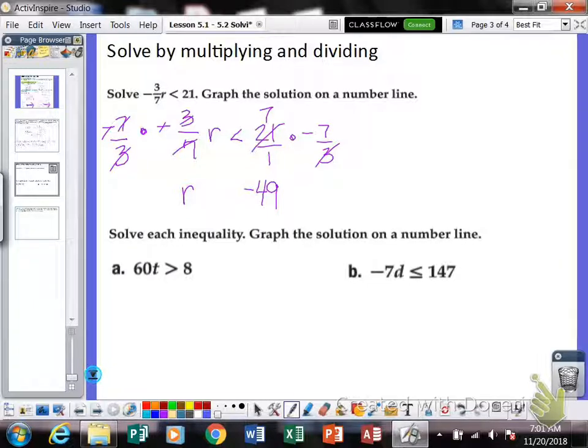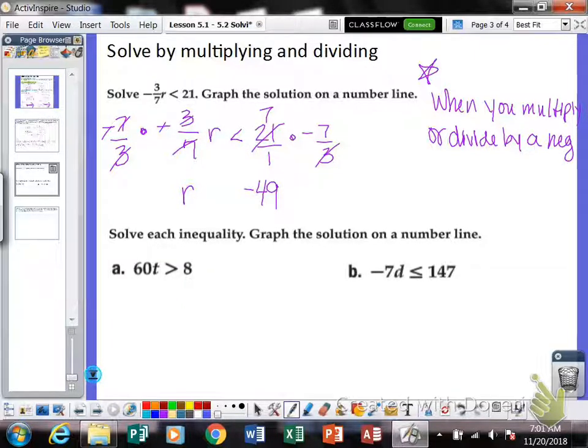Now here is the kicker, ladies and gentlemen. Whether you remember this or not, or if you discussed this last year or not, I'm going to rediscuss it right now. This is very, very important. You might want to put a star, make sure you remember this. When you multiply or divide by a negative, no matter what, negative fraction, negative number, whatever, you must flip the symbol, or your answer will be completely wrong.